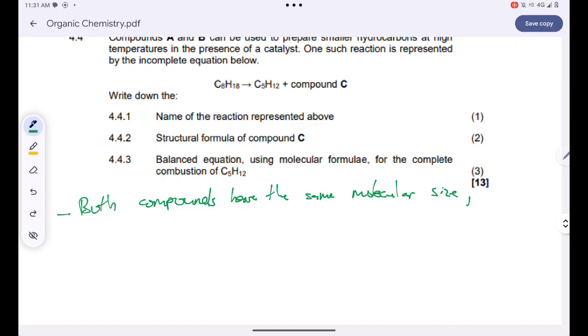They have the same molecular size. However, compound B has a greater surface area.